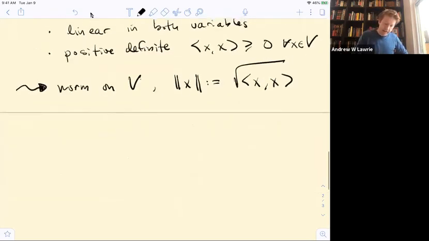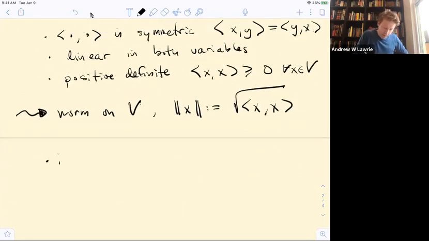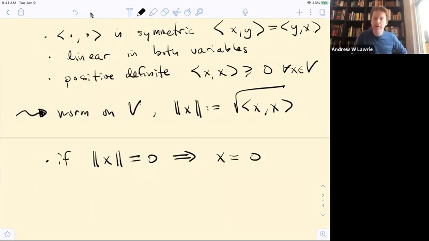And one other tidbit: if the norm of a vector being equal to 0 implies that x is the 0 vector, then we say this inner product is strictly positive definite.